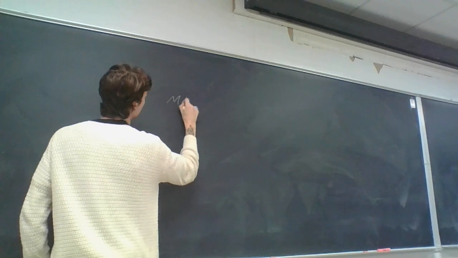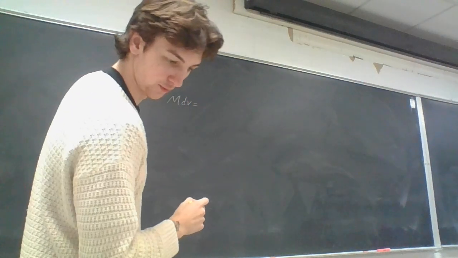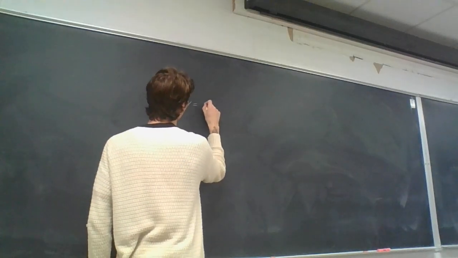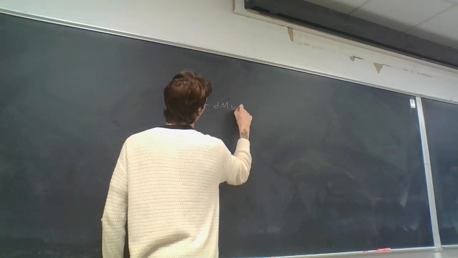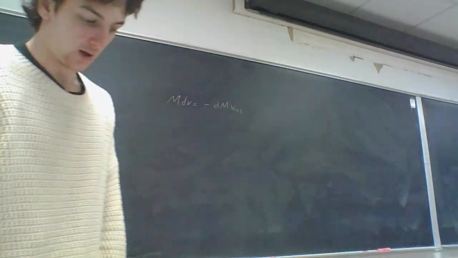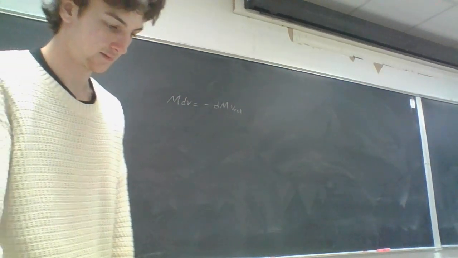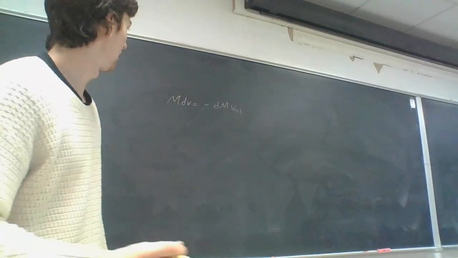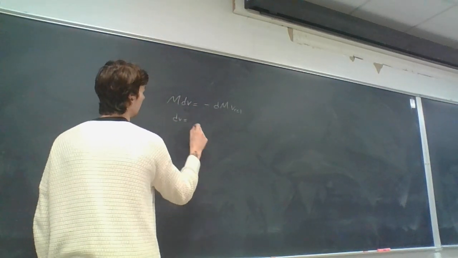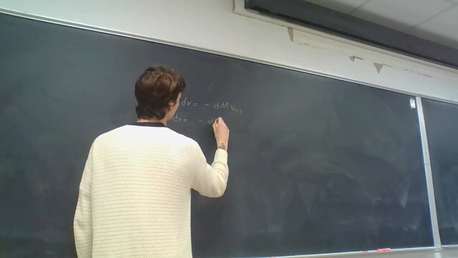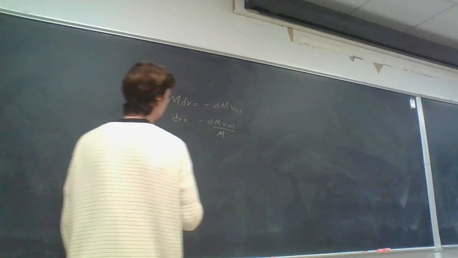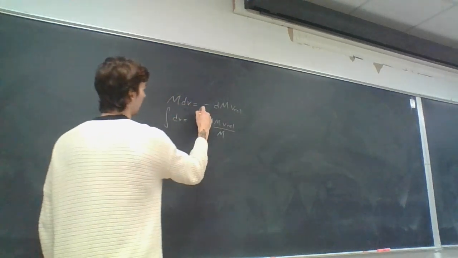M dv is equal to minus dm v relative. And we're going to rearrange this such that we have dv by itself. So dv equals minus dm v relative over m.